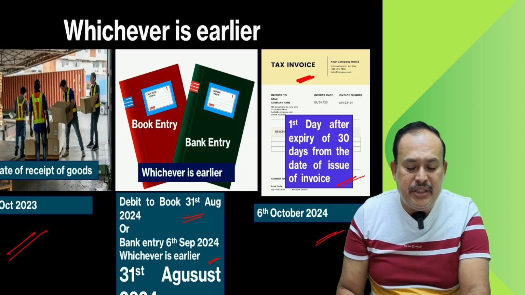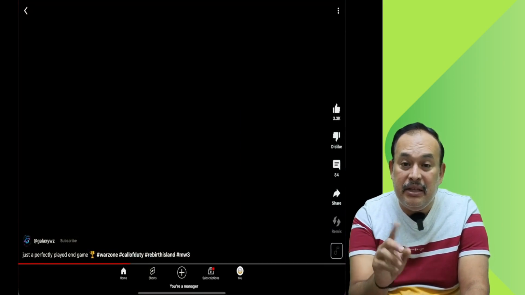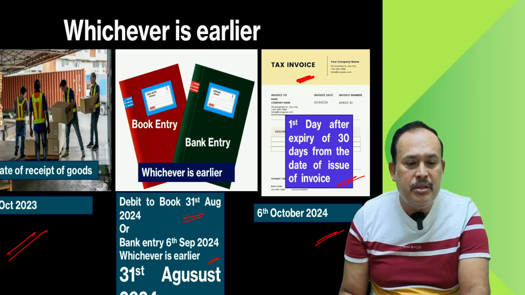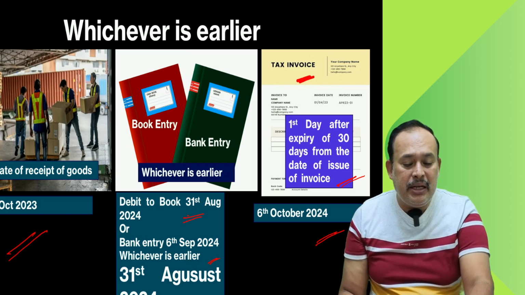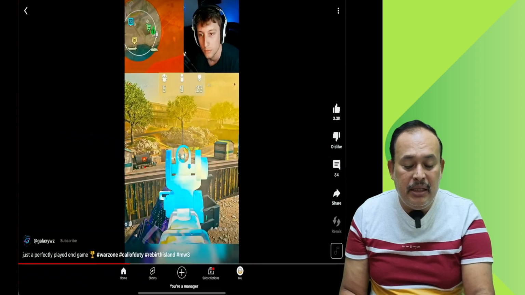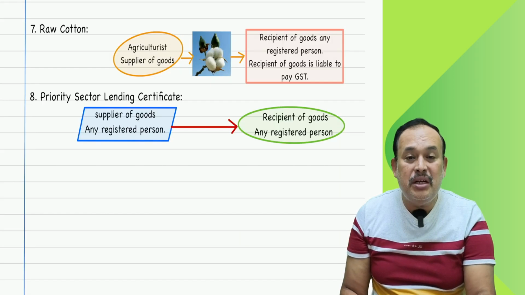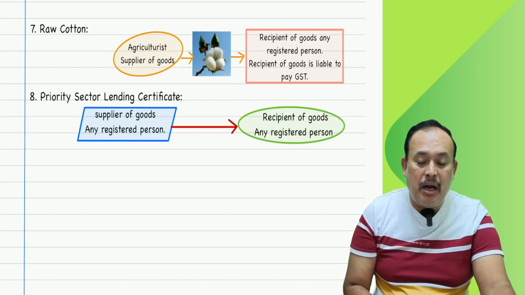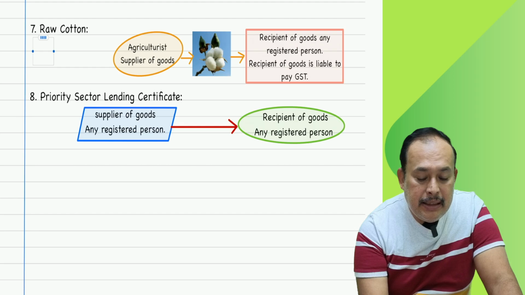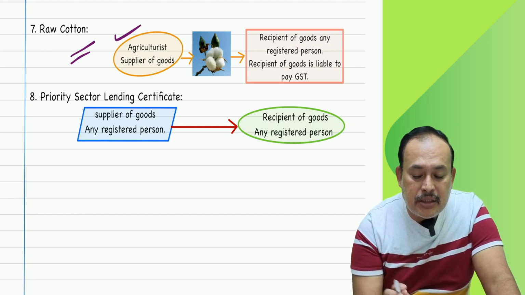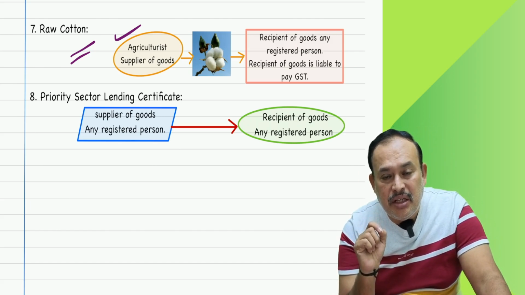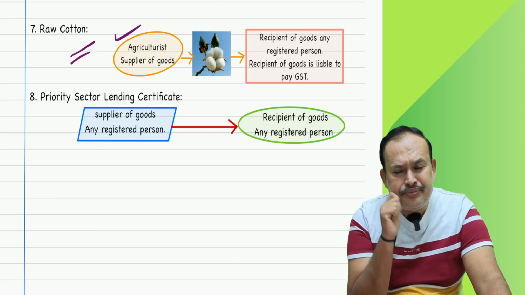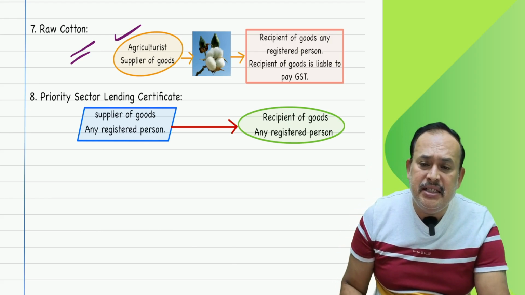I will make a small correction in the given problem because here I said supplier X Limited. I should not say X Limited because raw cotton is considered supplied by whom? Agriculturalist. When we talk about agriculturalist, we have a definition, section 2 subsection 7 of the CGST Act.